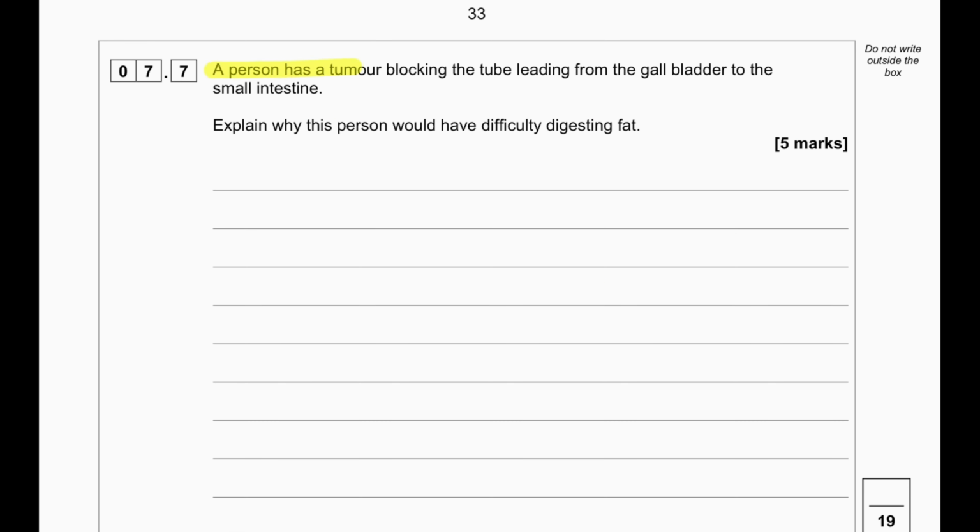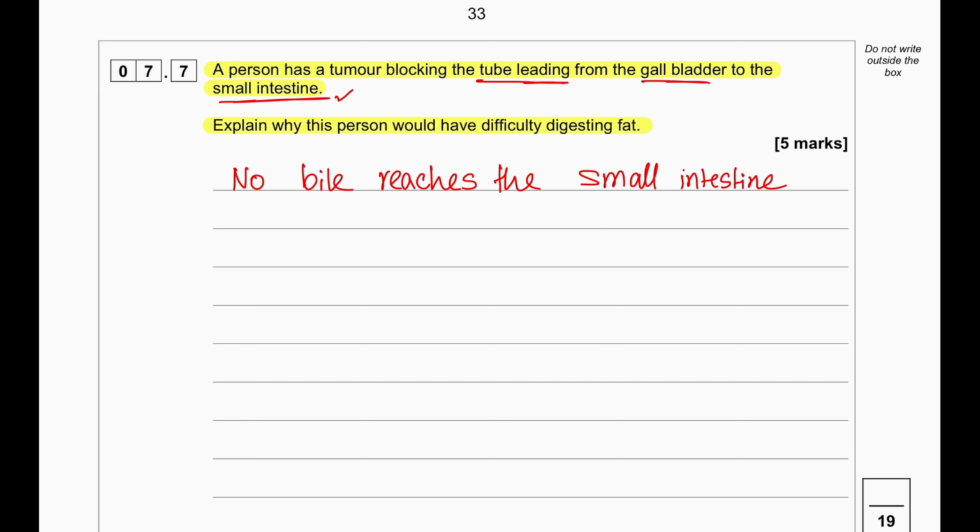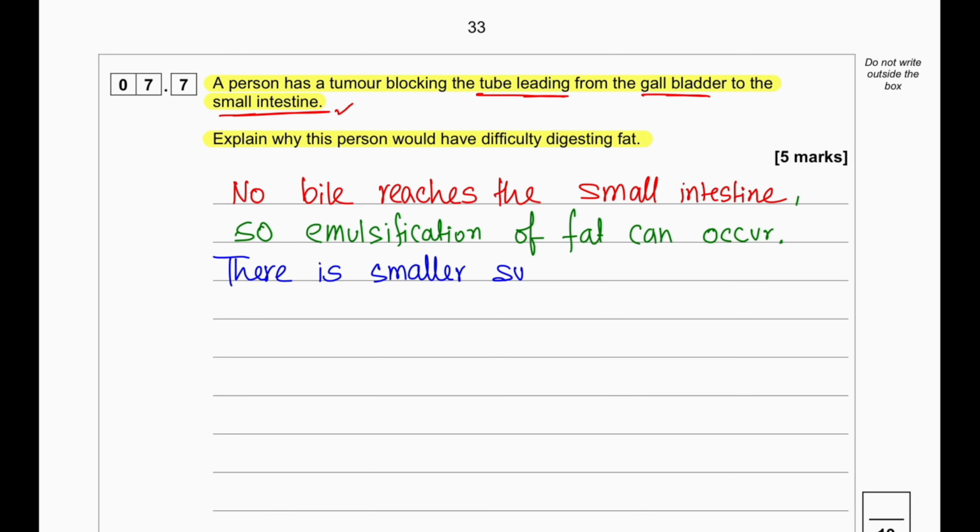A person has a tumour blocking the tube leading from the gallbladder to the small intestine. Explain why this person would have difficulty digesting fat. Since the tube leading from the gallbladder to the small intestine is blocked, the bile will not be transferred to the small intestine. So since no bile reaches the small intestine, there will be no emulsification of fat molecules.